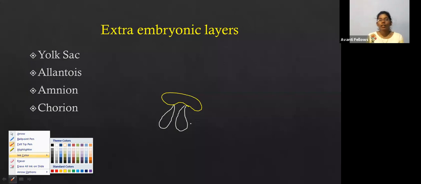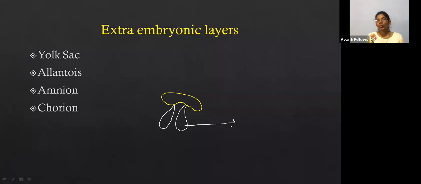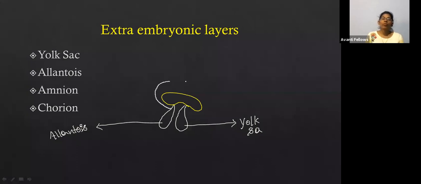Out of that, one is the yolk sac. And this one, which is also attached to the embryo, is called the allantois. Okay, and one more layer which is present all around the embryo is called the amnion.